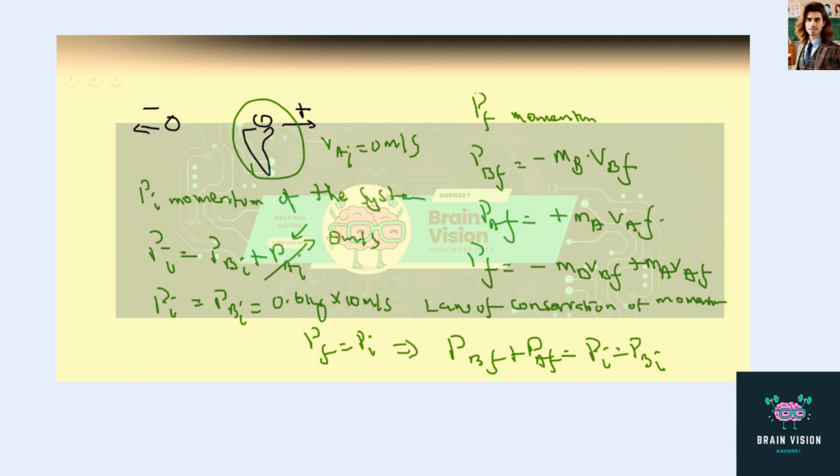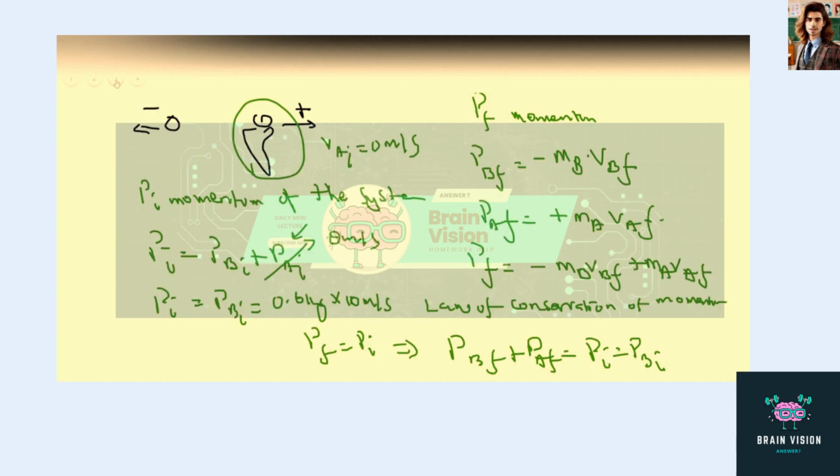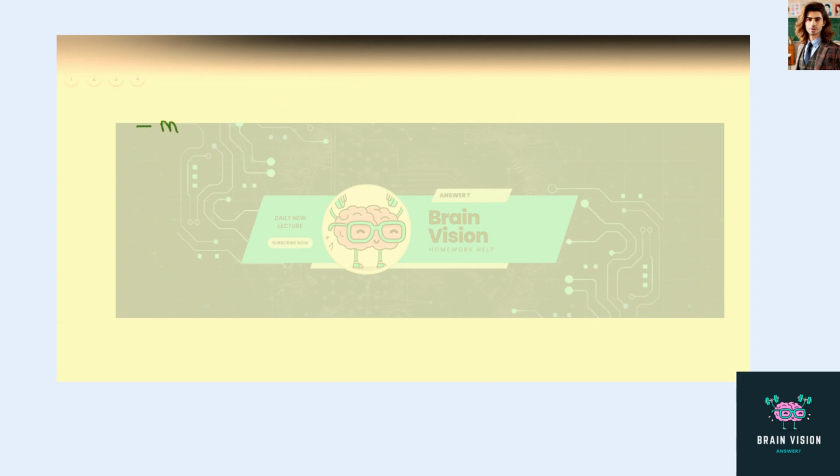So if we go to the next page, we can simplify the problem by saying we have negative MB VB final plus MA VA final equals to MB, sorry, MB is the mass of the ball.